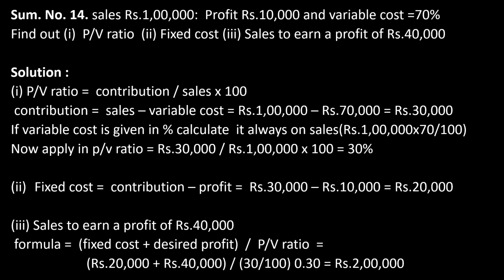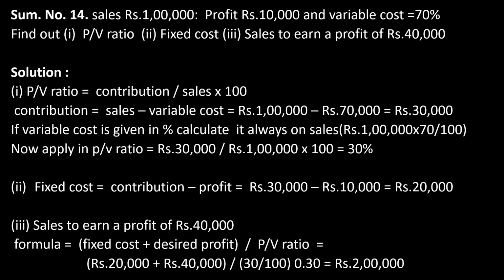If a variable cost is given in percentage, you will always use the sales to find that variable cost, which means out of this 1 lakh, 70% is my variable cost, so my variable cost will be 70,000 if I calculate on sales. So whenever the variable cost is given in percentage, I'll use the sales to find the variable cost.